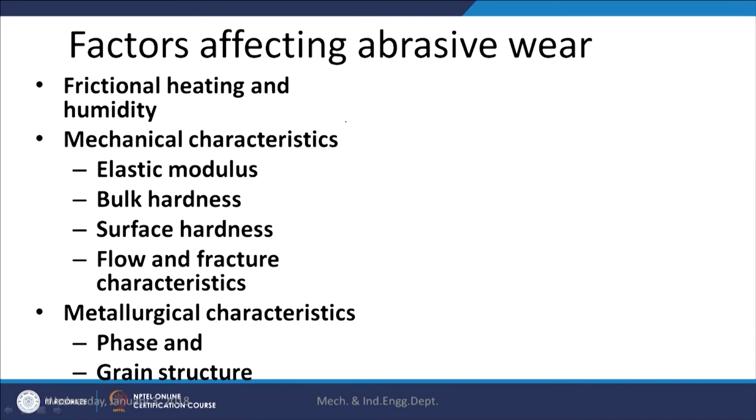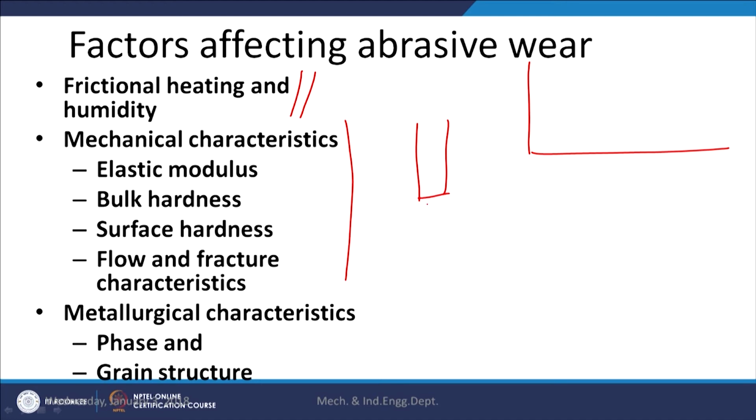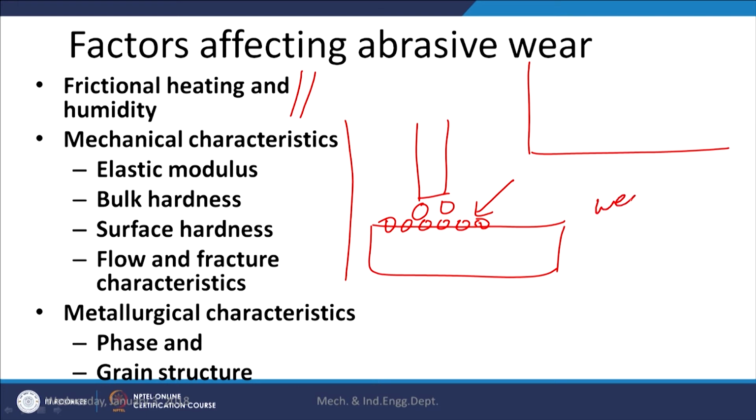There are other factors like the effect of mechanical properties, frictional heating and humidity. As far as frictional heating and humidity are concerned, if the abrasive is interacting with the workpiece in a humid environment, and this humid environment is causing chemical action with the surface of the workpiece, and whatever chemical compounds are formed at the surface are soft and can easily be abraded, then it will increase the wear rate.